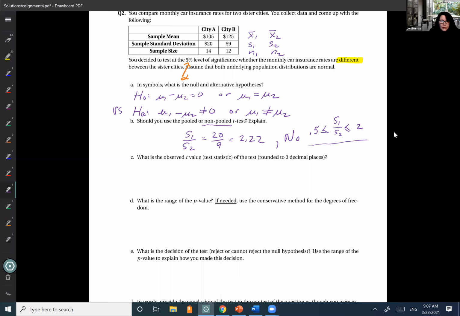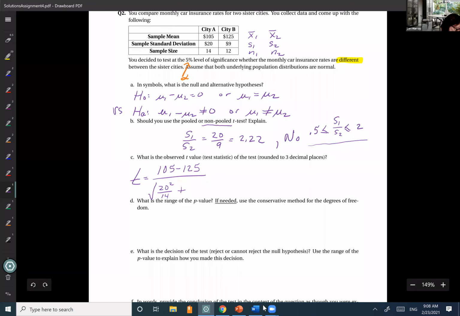So what is the observed t-value? The observed t is going to be the difference, so you take 105 minus 125, divided by the denominator. Don't forget, some of you forgot to square in the denominator. They need to be the sample variances, and you need to square those to be accurate.